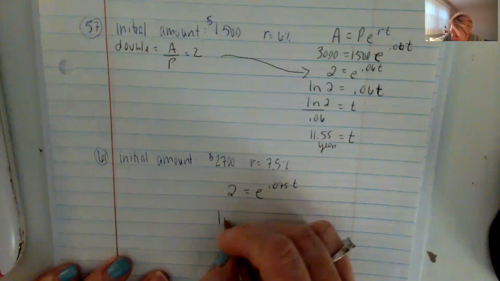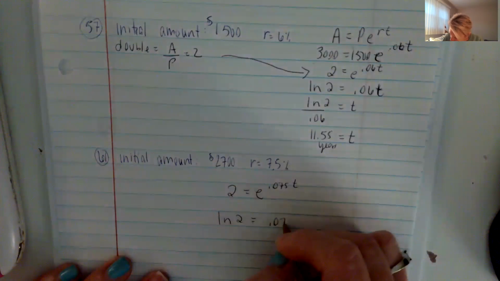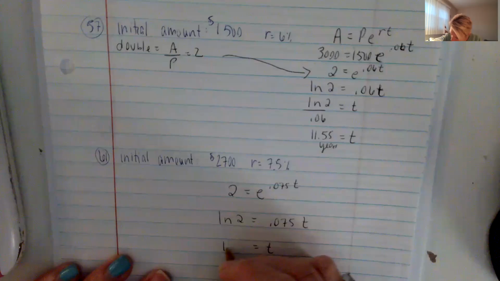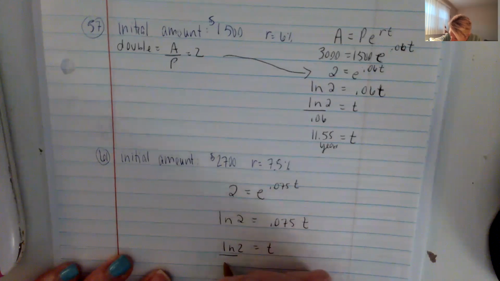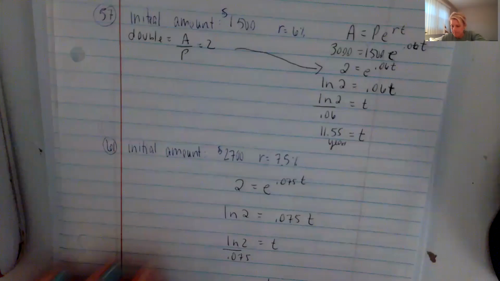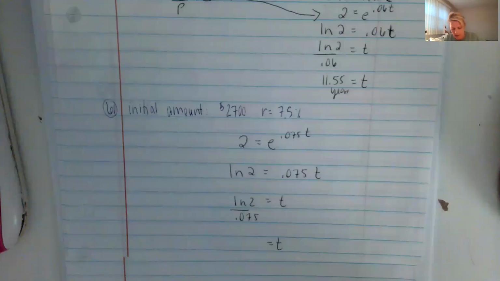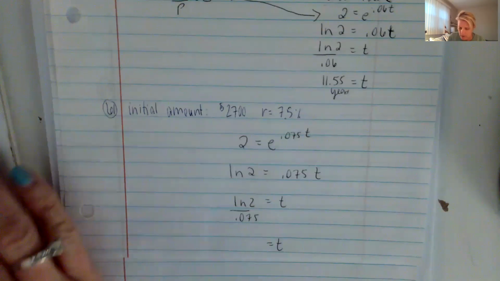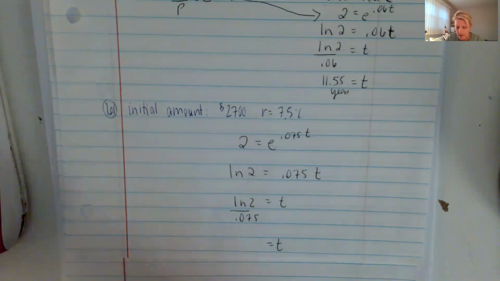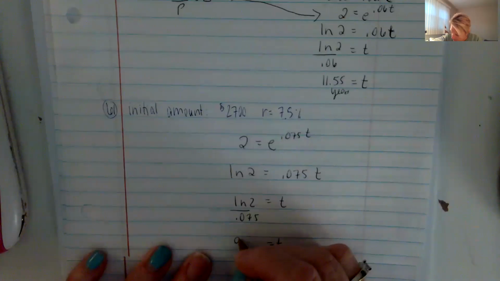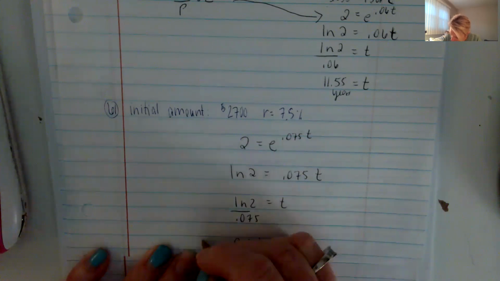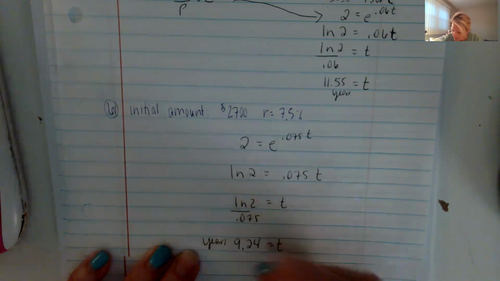So again, take the natural log and divide by 0.075. And we get the natural log of 2 divided by 0.075, which is approximately 9.24 years to double.